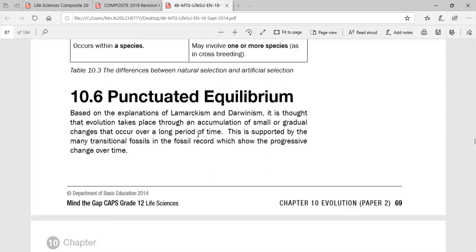Many people think that evolution will take place in a day or so. This is supported by many transitional fossils. Transitional fossils are fossils that have characteristics of the one that appears before it in the history of time and characteristics of the one that will appear after it.